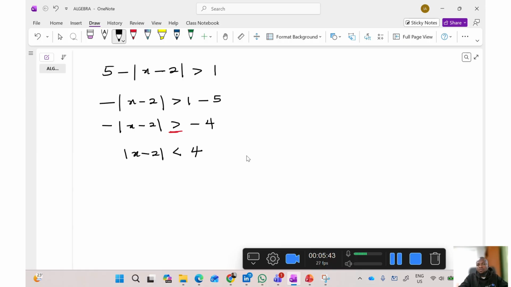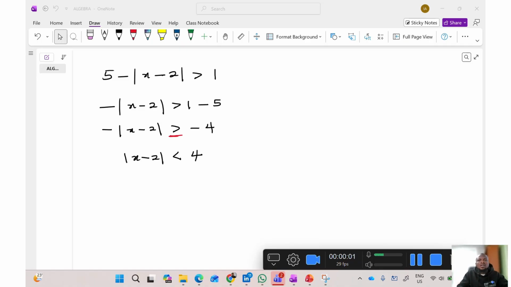Okay, so if you remember this is less than, so that implies that x minus 2 is greater than minus 4, or x minus 2 is less than 4, isn't it?